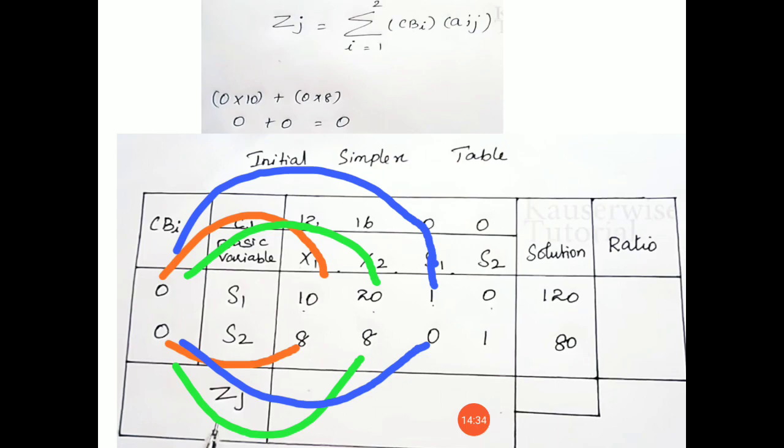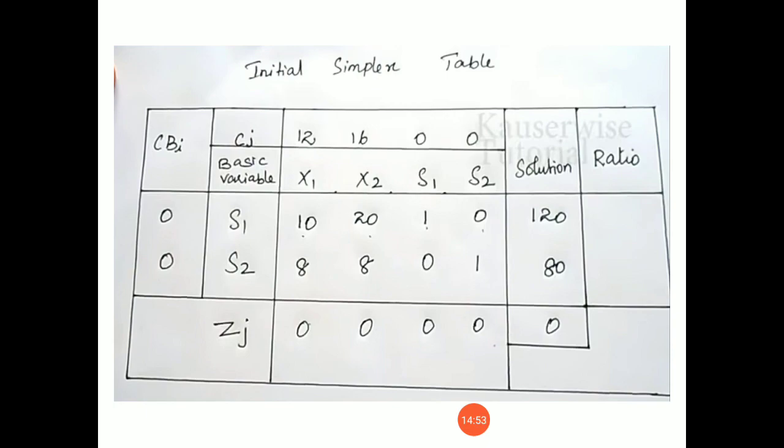For the first element of the Zj row, 0 into 10 plus 0 into 8 will give you the first element of the Zj row. So 0 into 10 plus 0 into 8 is 0. So I have written the first element of the Zj row to be 0.